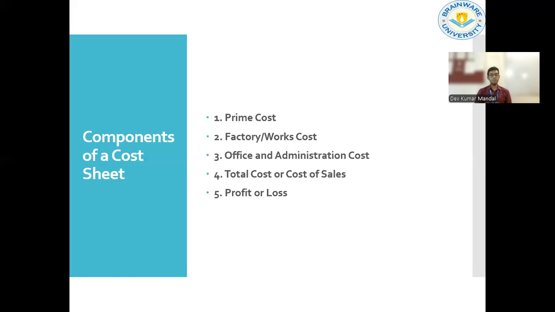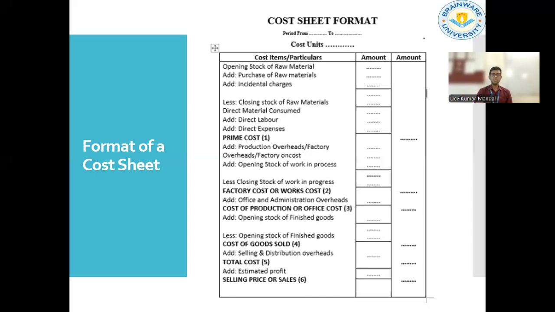After calculating office and administration expense, we calculate the total cost or cost of sales. After calculating the total cost, that is the cost price, we add the profit percentage, and after adding the profit, we calculate the selling price of that particular product. So this is the format of a general cost sheet.